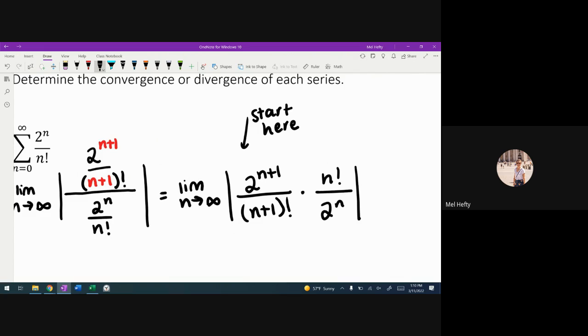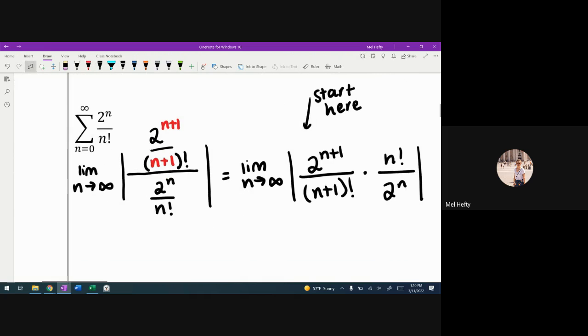All right, now, in the next step, our goal is going to be to break some of these things apart. And it's going to be relatively similar in every ratio test question that we do. Our goal is eventually going to be to cancel some of these guys. So when I'm figuring out how to break stuff down, I'm kind of looking over here for a little bit of inspiration. So let's start with the 2 to the n plus 1.